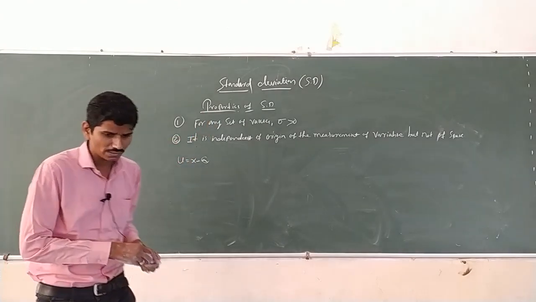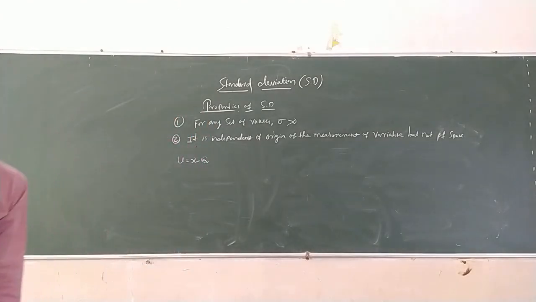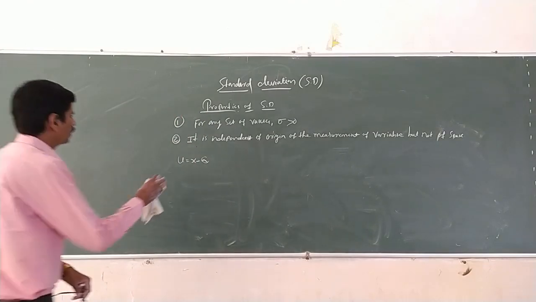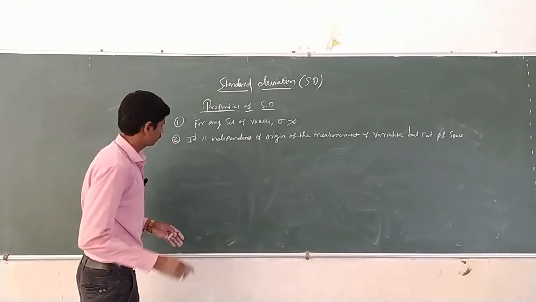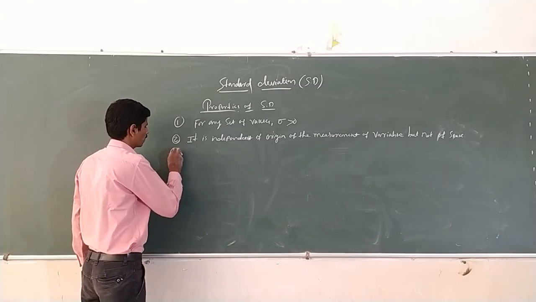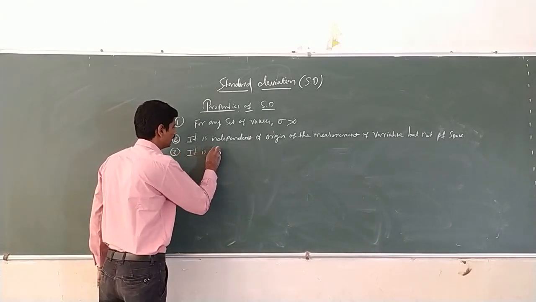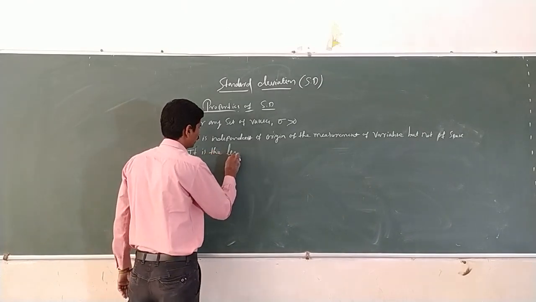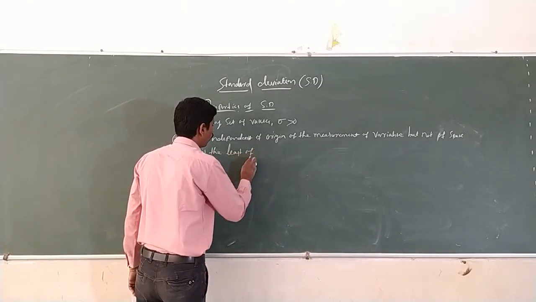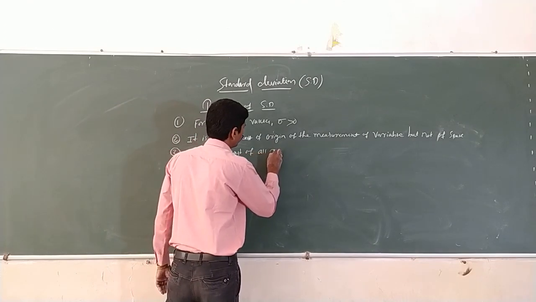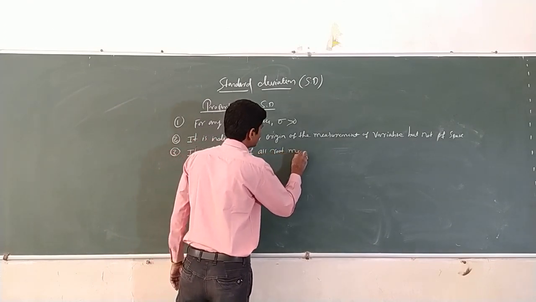The third one: it is the least of all root mean square deviations. That is, the sum of (x minus x bar) whole square is least.